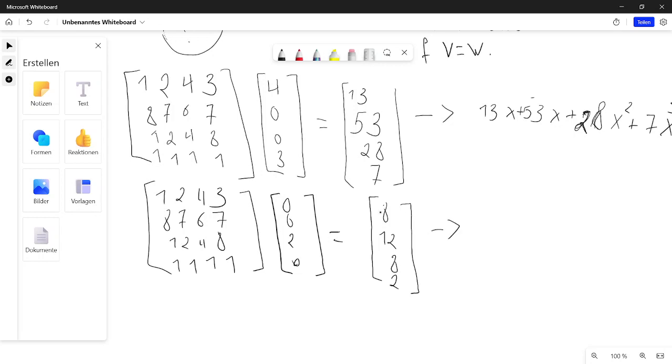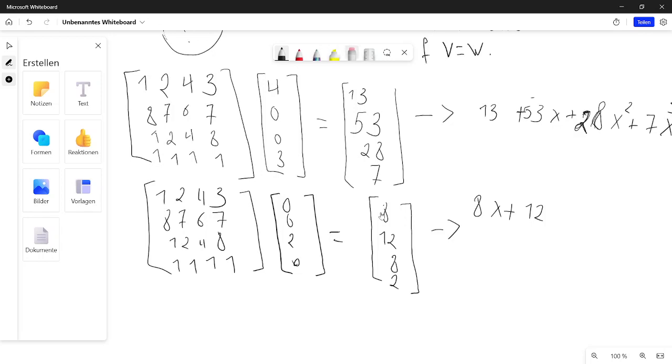And we have 8x plus 12. Well, what was that? It was, of course, not x. That was 13, simply, plus 53x.